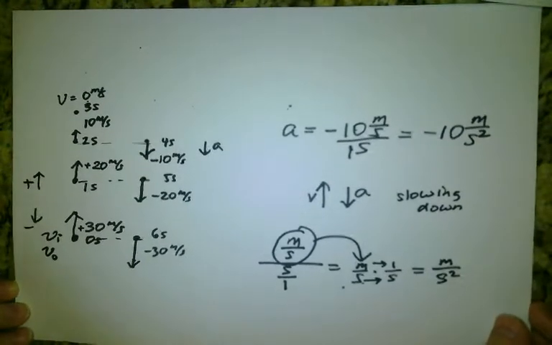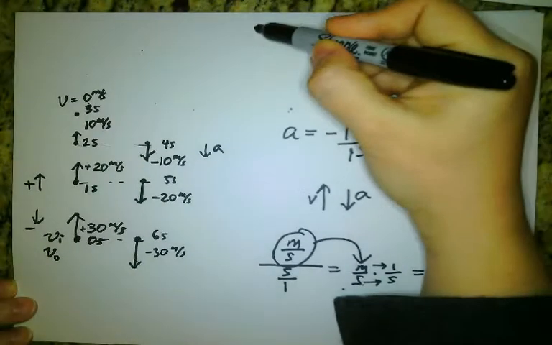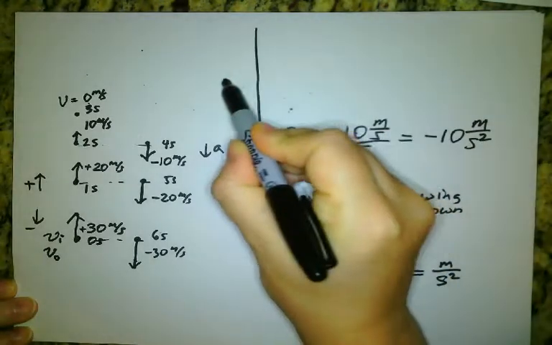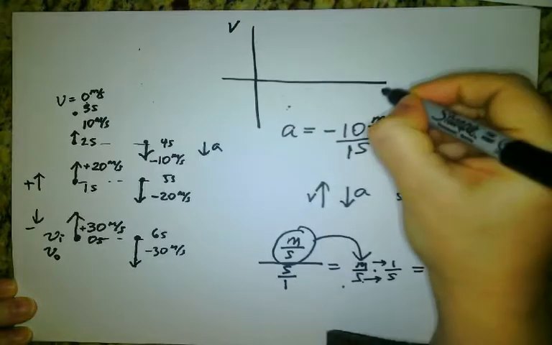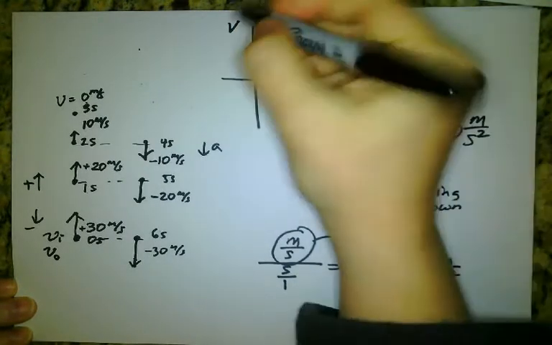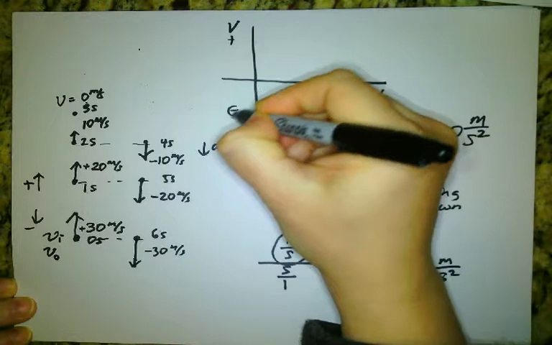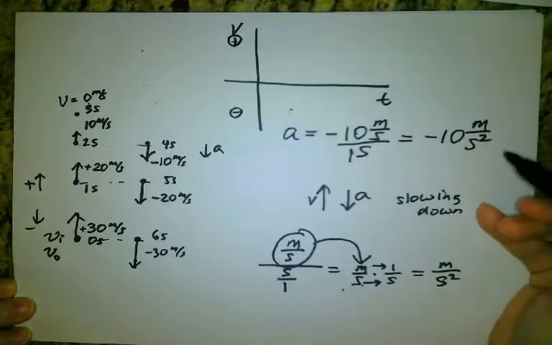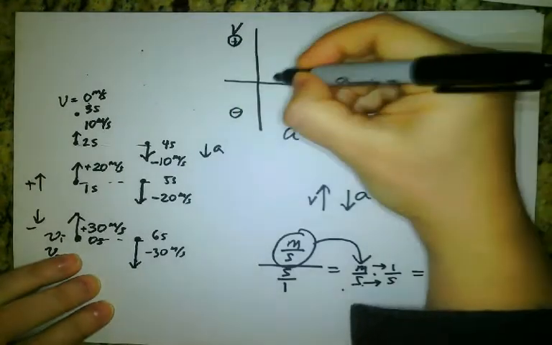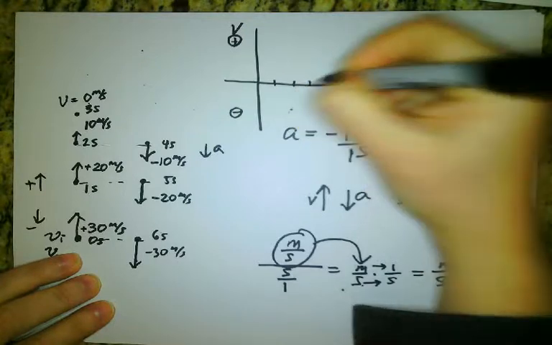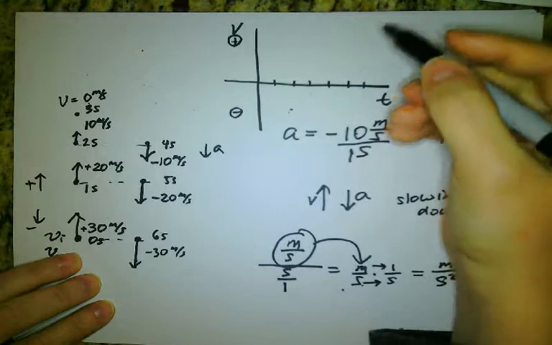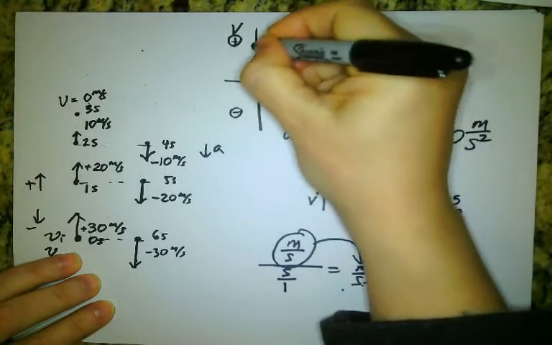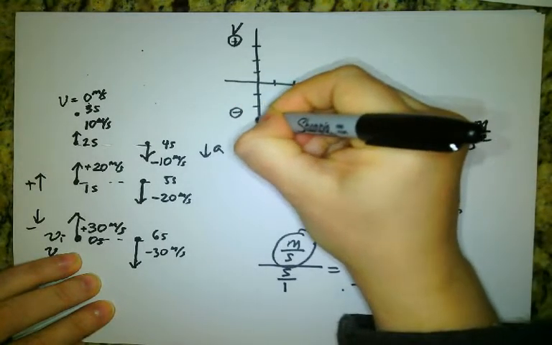So on velocity time graphs, positive and negative now mean direction. So I have to be really careful here. So each second, 1, 2, 3, 4, 5, 6, and 10, 20, 30, negative 10, negative 20, negative 30. And you can fill in the rest because I am lazy or efficient, whatever you want to call it.